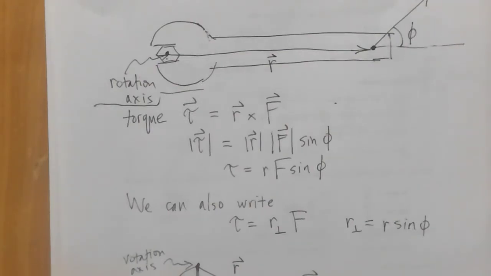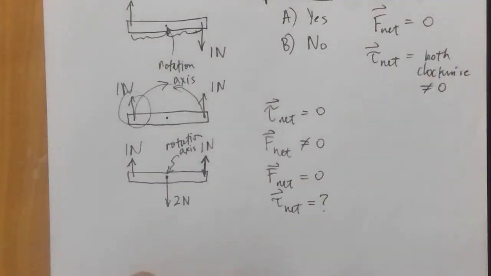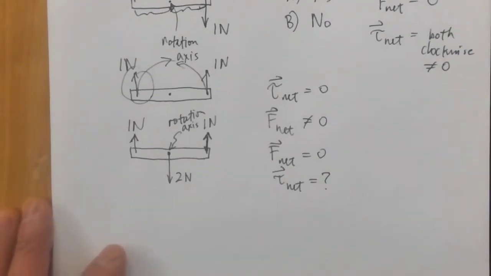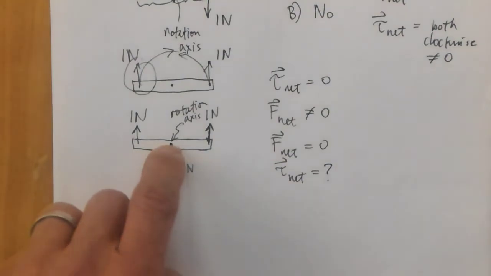If the force is acting right at the rotation axis, the torque is 0. So this is actually a strategy to solve problems like this, where you choose your rotation axis so that the torque due to some force that you don't want to calculate is 0, and you don't have to calculate it. I'll give you more details on that in a moment. So we're going to take this as the rotation axis.